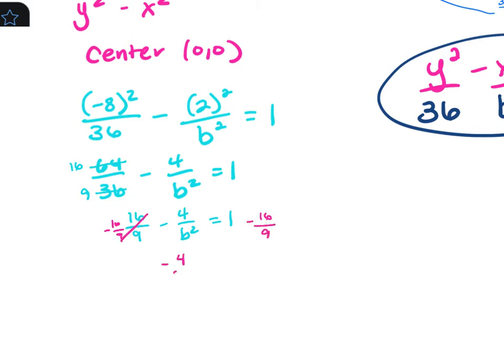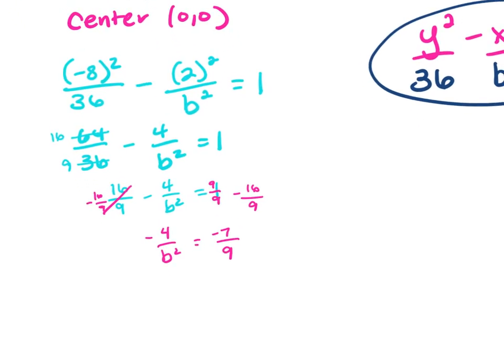I have negative 4 over B squared equals this 1 minus 16 ninths becomes 9 ninths minus 16 ninths, which is negative 7 ninths. Cross multiply here and I get negative 36 equals negative 7B squared. Divide both sides by negative 7. And B squared is 36 over 7.